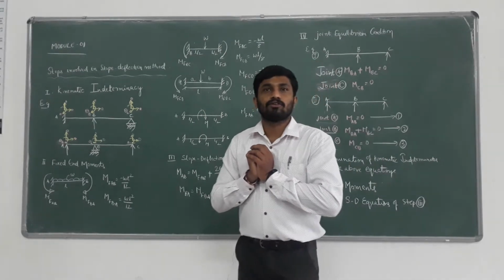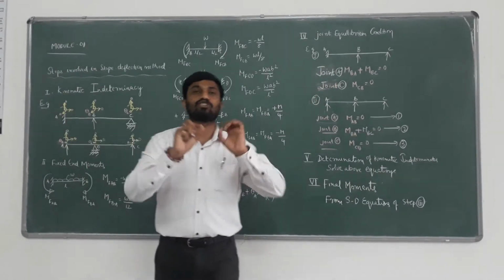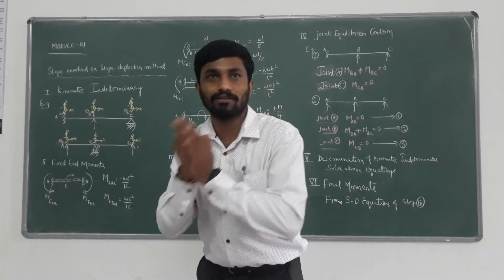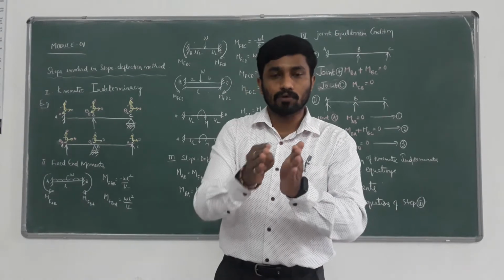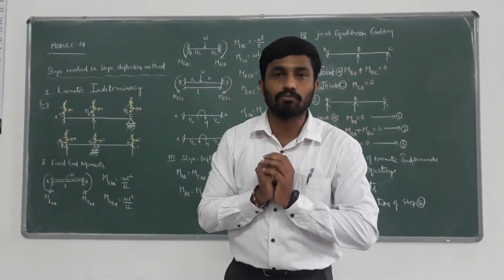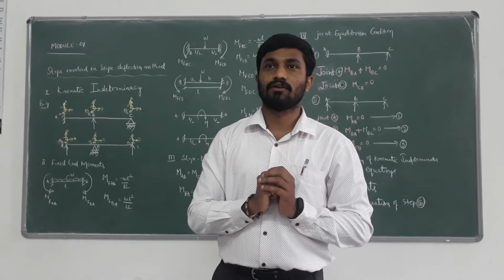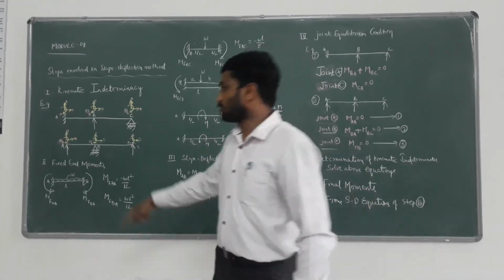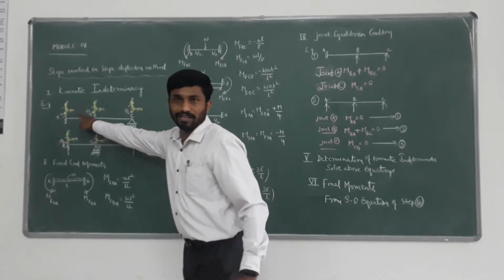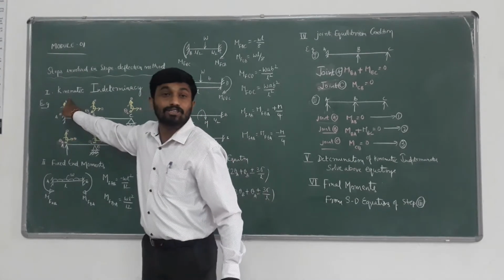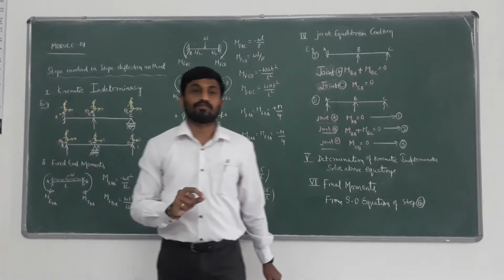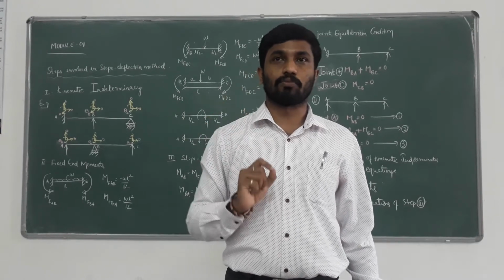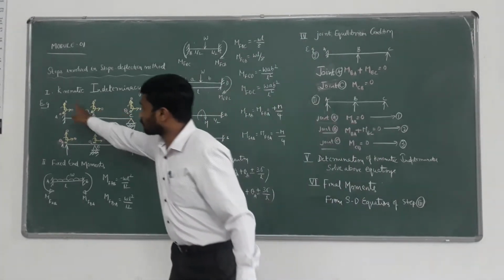The possible displacements at any joint are three: horizontal movement and vertical movement, both of which are called translations, and rotation. A fixed support will not allow translations and rotations. Hence, zero horizontal translation, zero vertical translation and zero rotation at a fixed support. At joint A we are having a fixed support, so the joint displacements are 0.